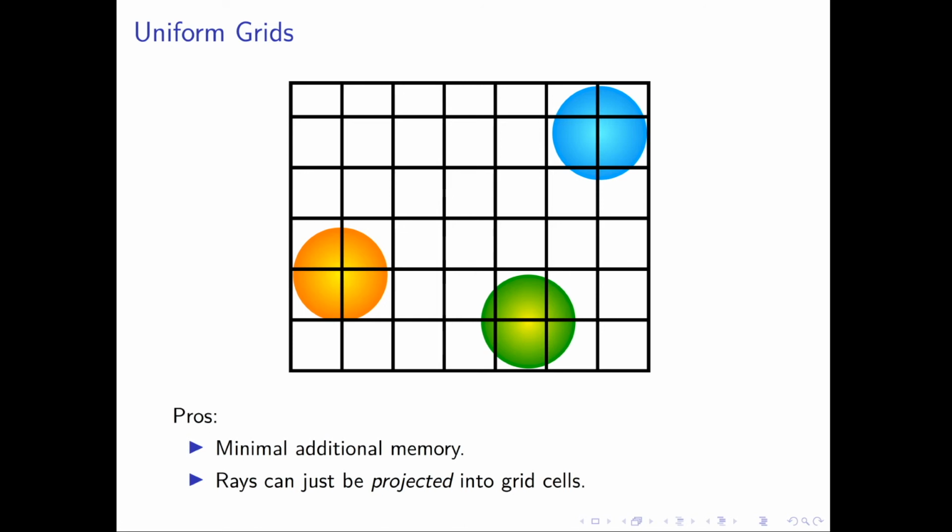Uniform grids have this huge advantage that on the one hand they require a minimum of additional memory, and that is mostly because the grid can be fully defined by the constant cell size and by the size of the grid.